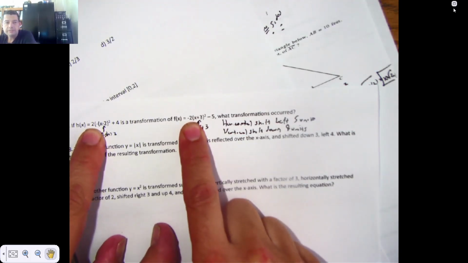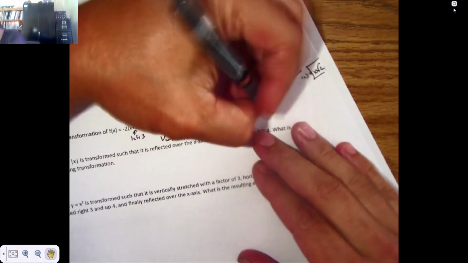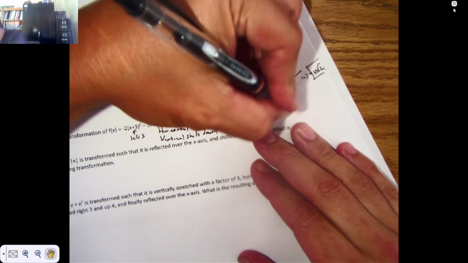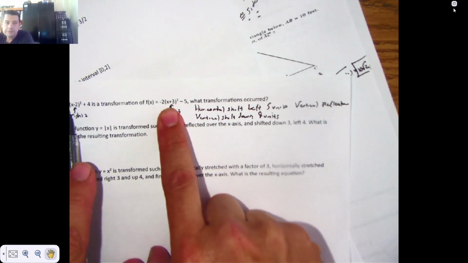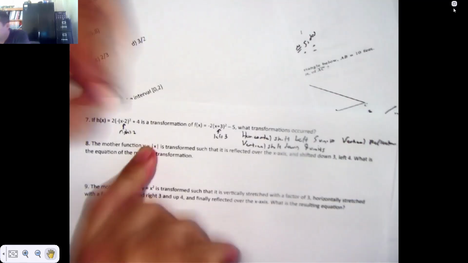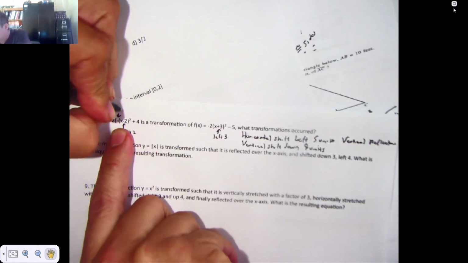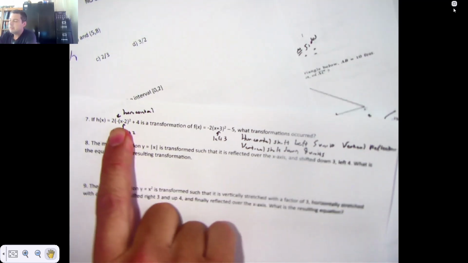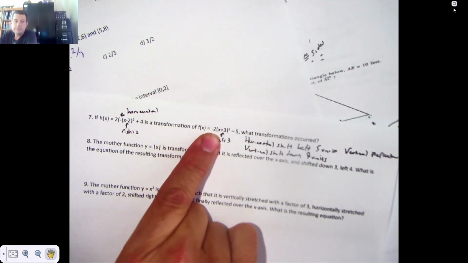This negative sign got introduced. So there is a vertical reflection. And there's one more. That negative symbol got introduced right here. And this is the location of the horizontal. It changed from negative to positive inside. So there was also a horizontal reflection.